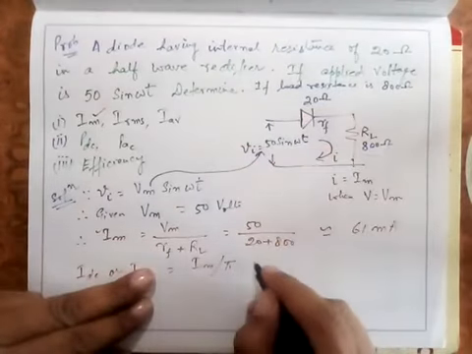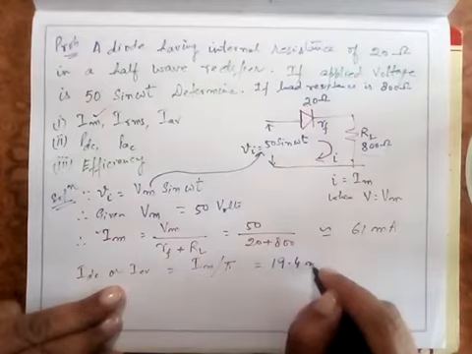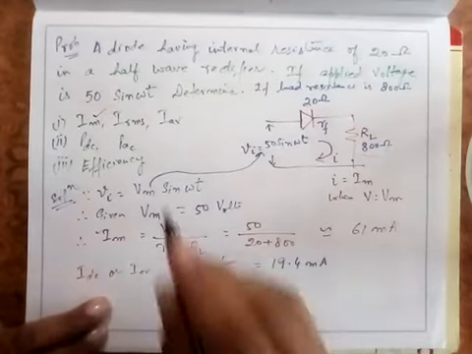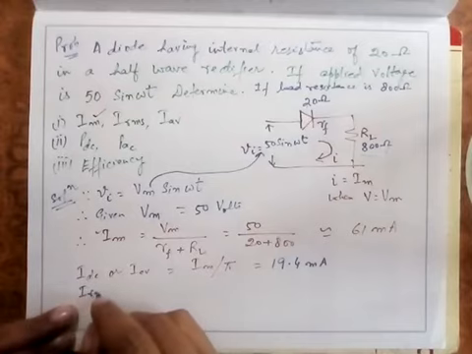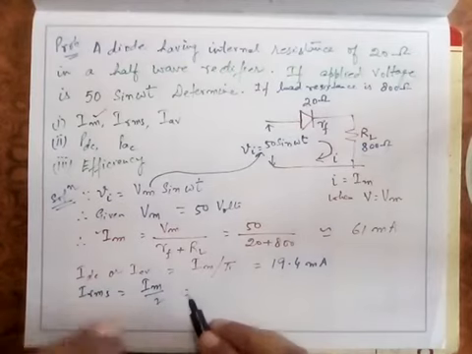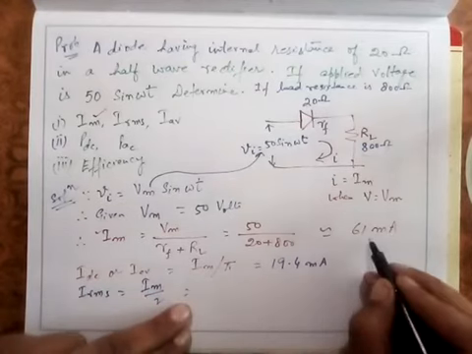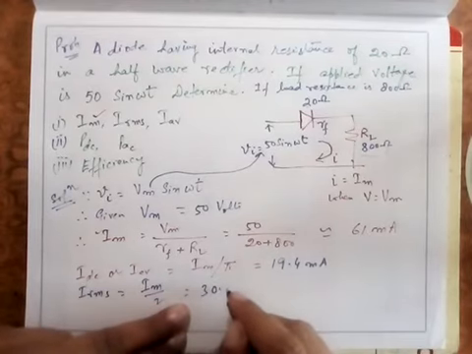As per my calculation, this IDC is equal to 19.4 milliampere. Next is IRMS. IRMS is Im by 2. I hope that this is clear to you. Im is 61, so it will be 30.5 milliampere.